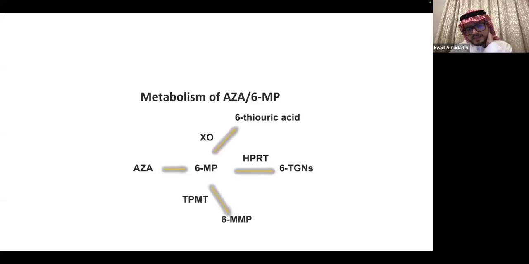So this is a basic, important slide of the azathioprine metabolism.